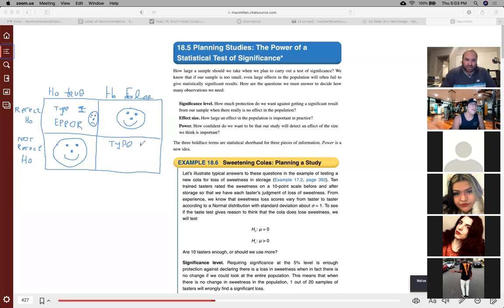We call this a type 2 error. Usually they use Roman numerals, but it really makes no difference. So type 1 error, I'll use Roman numerals. Type 1 error. And then we have a type 2 error.